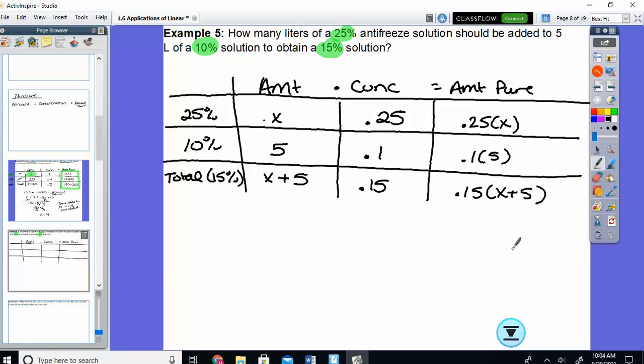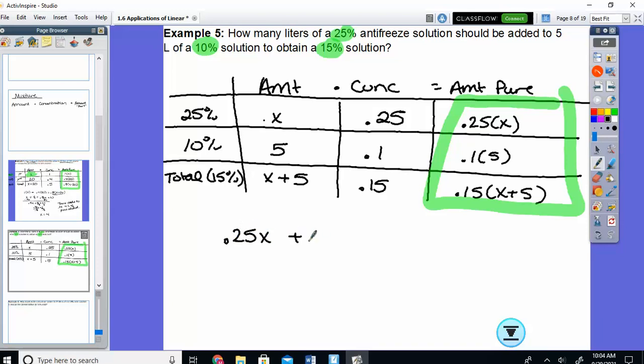So when we write the equation, what do we do every time? Yeah, the equation just comes from this last column. You said add the first two to equal your total.